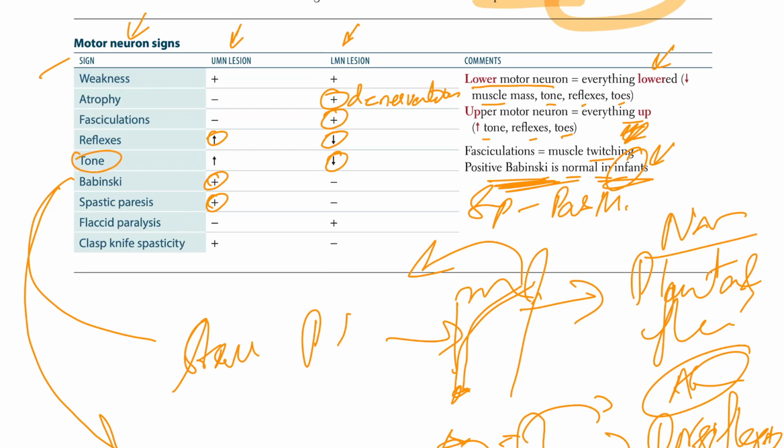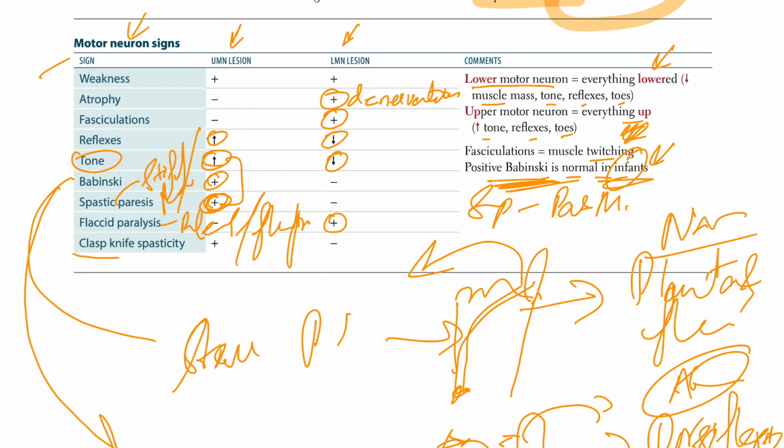The increase in tone is going to cause spastic paralysis, spastic paresis. Flaccid paralysis, on the other hand, is all about flaccid, meaning relaxed, like floppy, relaxed muscles. So let me just write. Flaccid is relaxed, like floppy muscles. Spastic is all about stiff, rigid muscles.